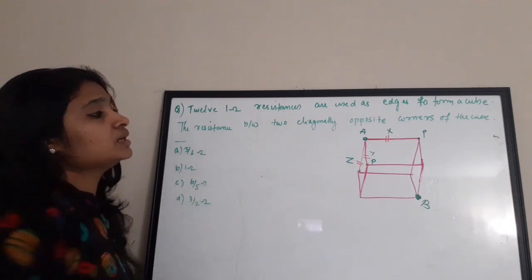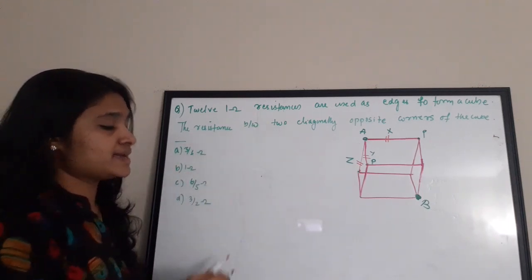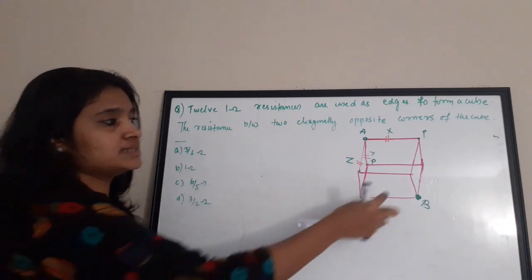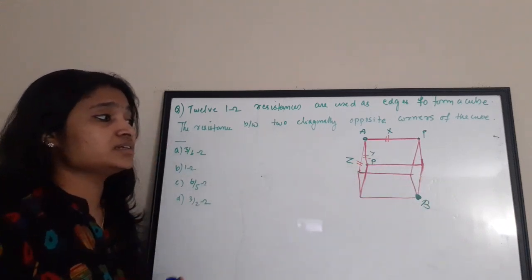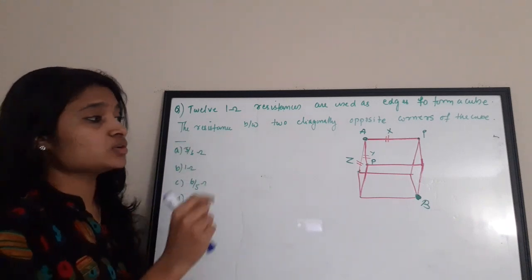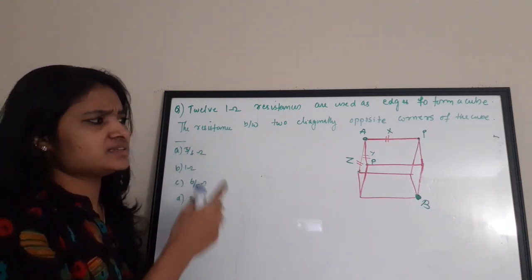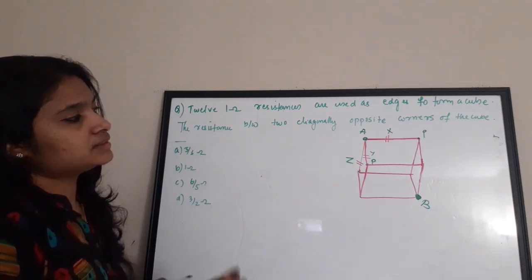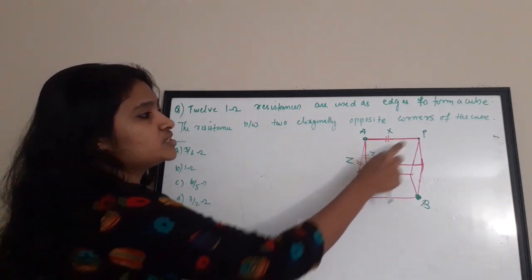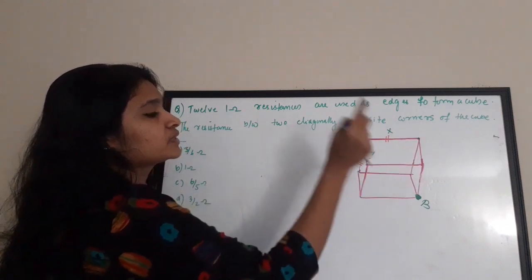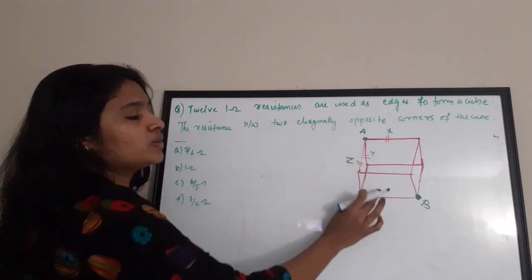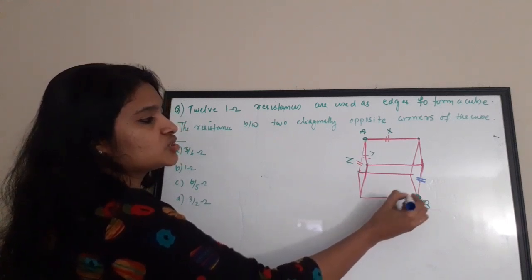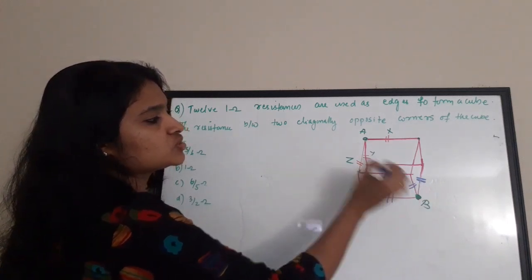I'm going to consider the next point as B, and again this B is also connected with three edges. I will remove this P. So this B point is connected with this branch and also this branch.